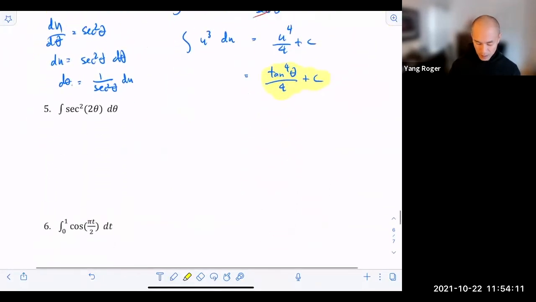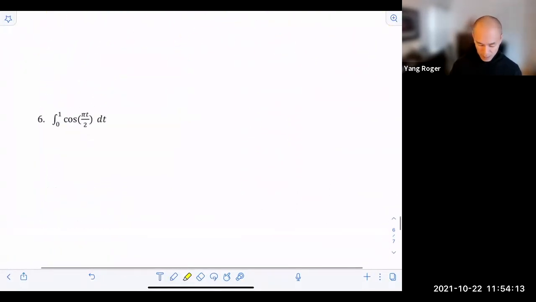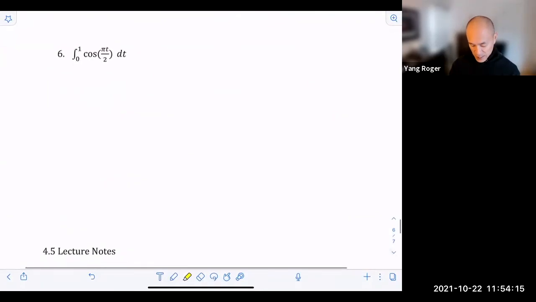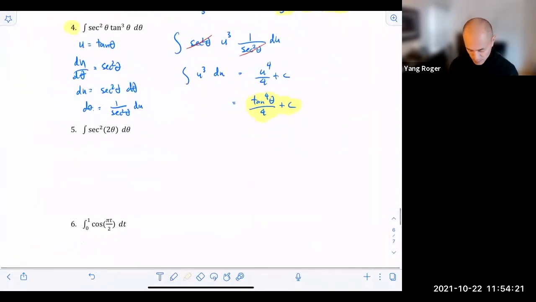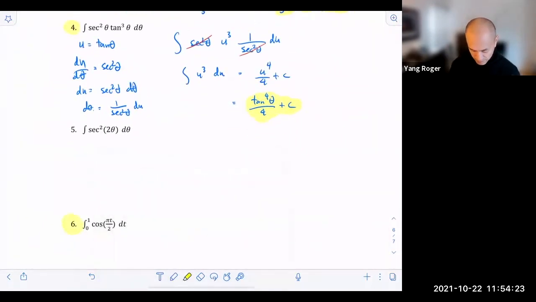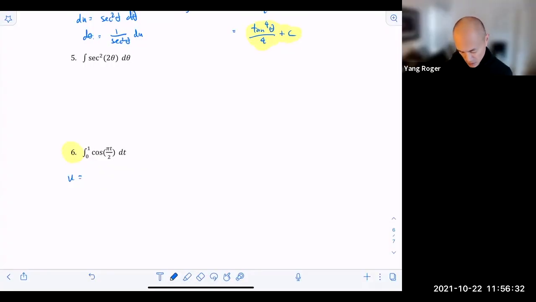All right. Let's finish things off with number 6. Try number 6. No, you guys are correct. Pi over 2t. I hope that you guys are changing the limits of integration.